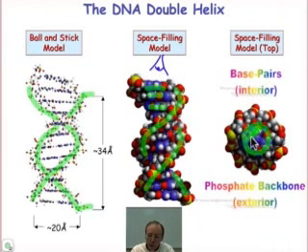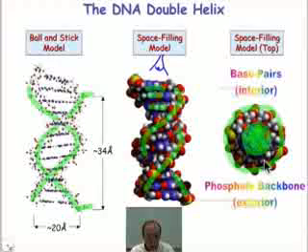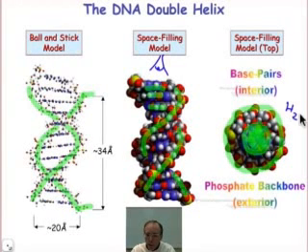The hydrophobic nucleobases form the center, and on the outside we have this highly charged sugar phosphate backbone. And so with water molecules all around on the outside, we have water molecules engaged with this highly hydrophilic sugar phosphate backbone, and screened from the interior, which is a very hydrophobic set of atoms.